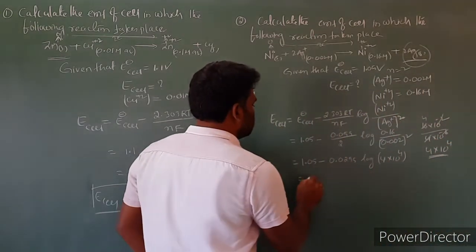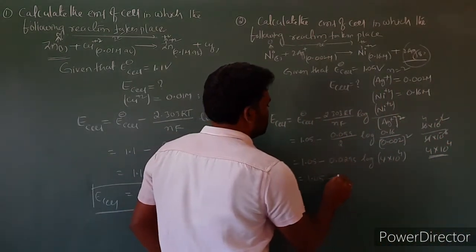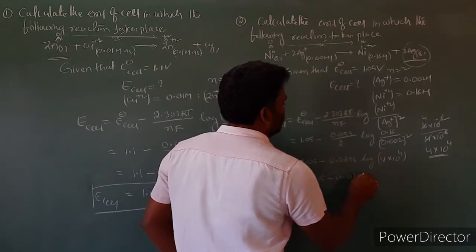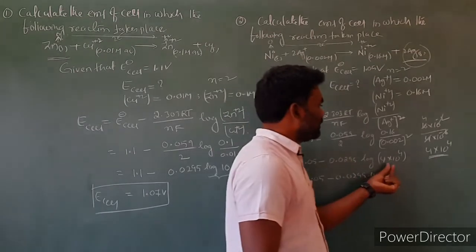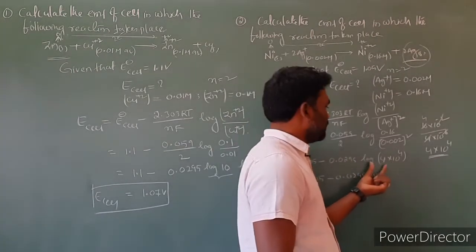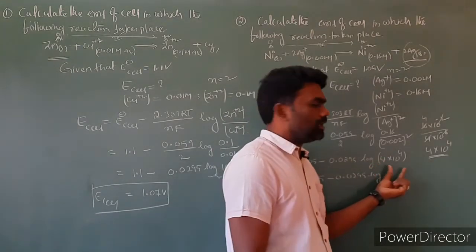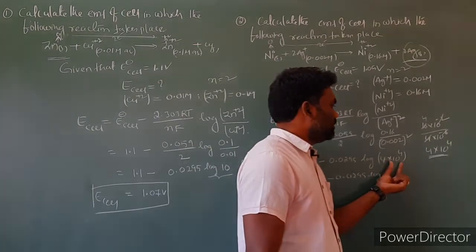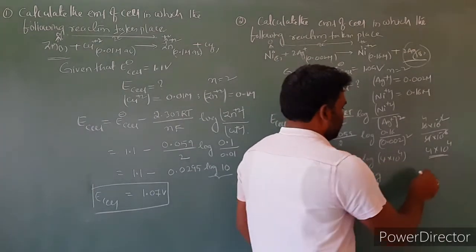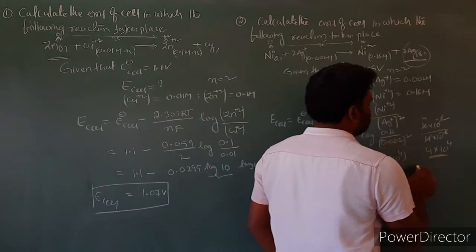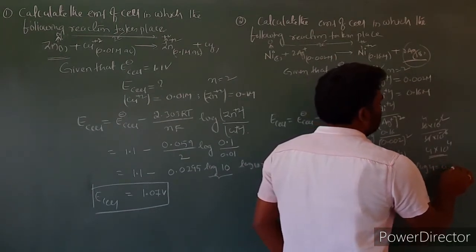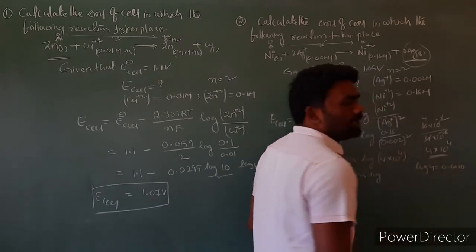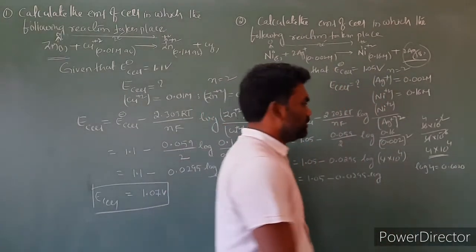Next, that is equal to 1.05 minus 0.0295 log of 4 into 10 power 4. Log of A into B is log A plus log B, so log 4 plus log 10 power 4. Log 4 value is 0.6020.